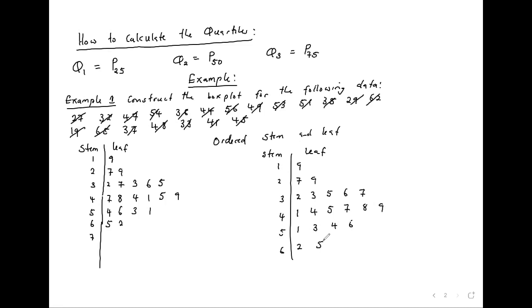The data we have is 19, 27, 29, 32, 33, 35, 36, 37, 41, 44, 45, 47, 48, 49, 51, 53, 54, 56, 62, 65.